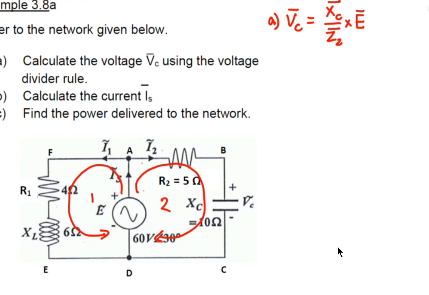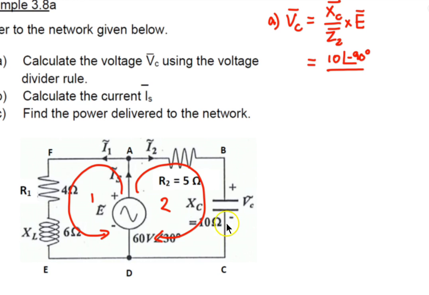Now XC is given there as 10 ohms, and since this is a capacitance, I can write it in phasor form as 10 angle minus 90 degrees, divided by the total impedance.